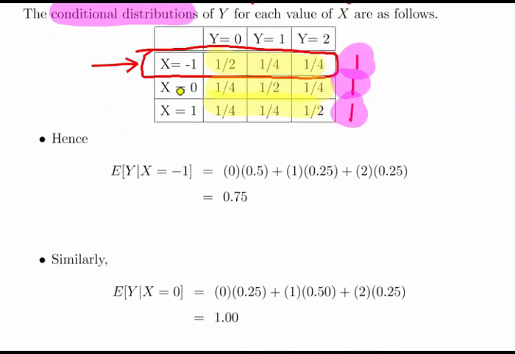Okay, so for example, here what I've done is the expected value of y given that x equals -1 equals the three values of y multiplied by the corresponding probabilities, add them up, and we get 0.75.